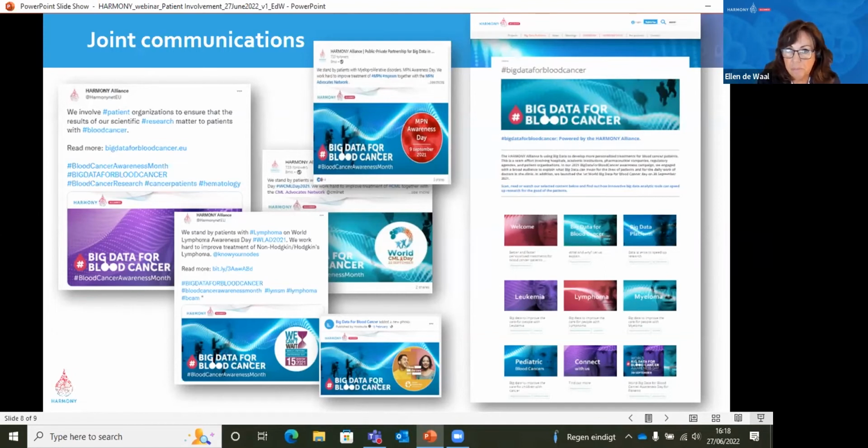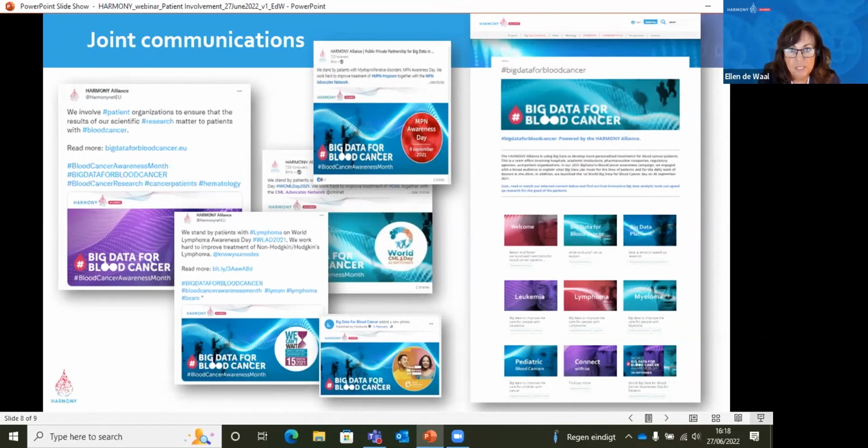So we chose the whole month of September to trigger people to maybe realize there's more to blood cancer research. And of course, there's a lot of discussion about data and health data, but we wanted to keep it simple. Okay, we have big data, we have our research, we have Harmony, we have people who are working together, and we hope in the future it will be more tangible for you what this will lead to.